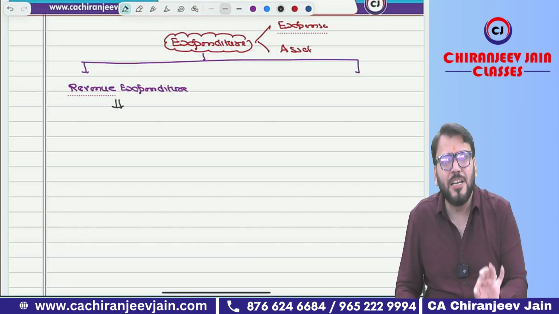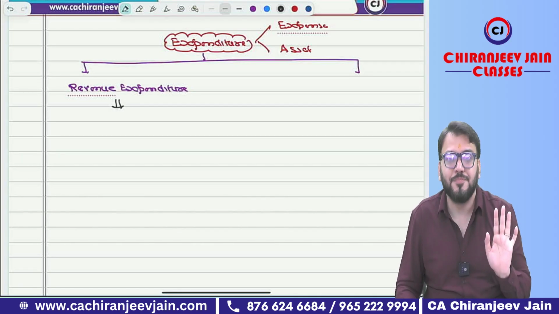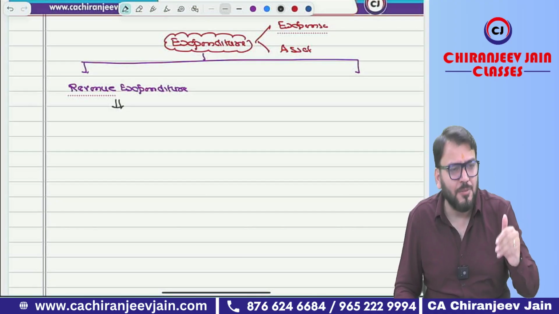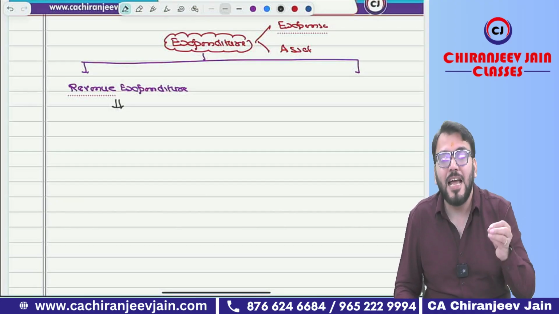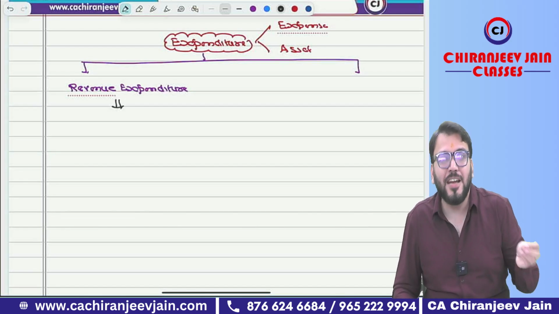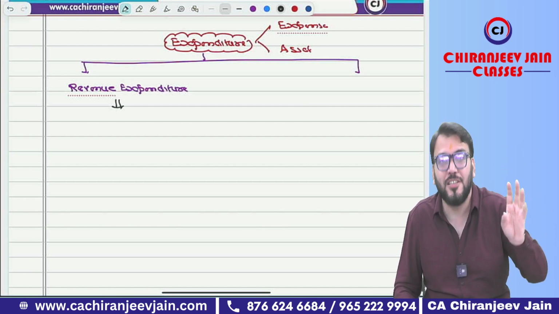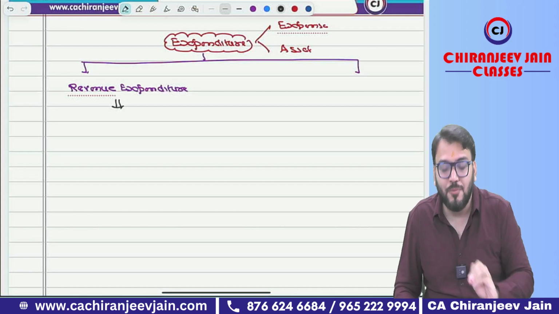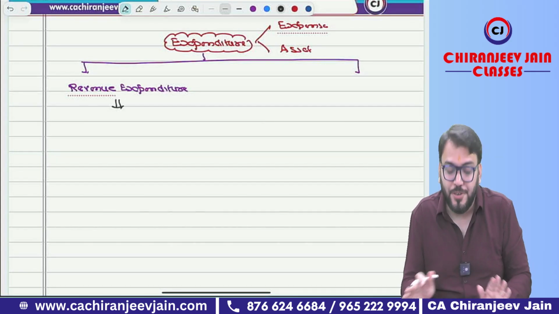It has not been defined anywhere what is revenue expenditure and what is capital expenditure. Everyone is teaching as per their knowledge, and a reference book is not a part of the accounting standard. If you are getting this definition in some reference book, that is their experience and knowledge they are sharing. Are you getting what I'm saying?